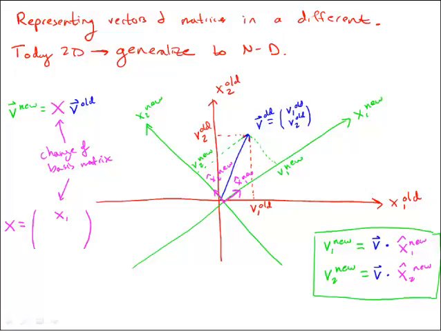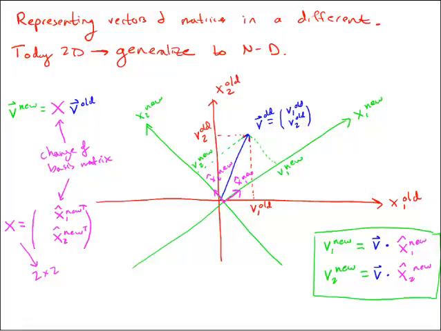So the top row is the row vector for x1 new hat, and the bottom row is the row vector for x2 new hat. We write the little t there to indicate the transpose, meaning that we're taking a column vector to a row vector. So in this case, X is a 2 by 2 matrix.